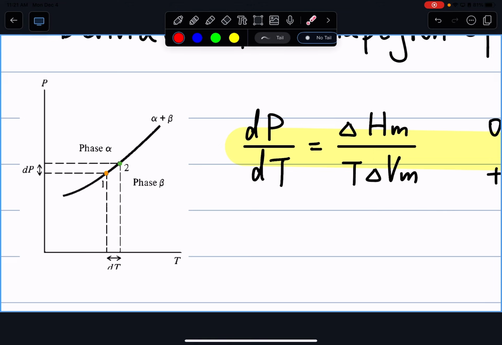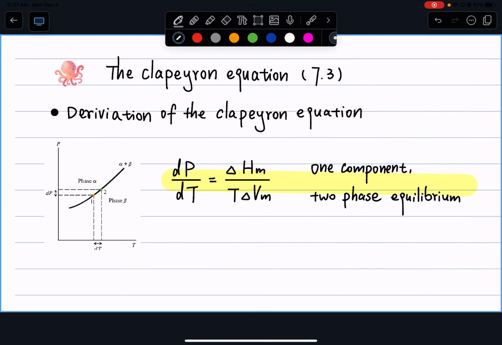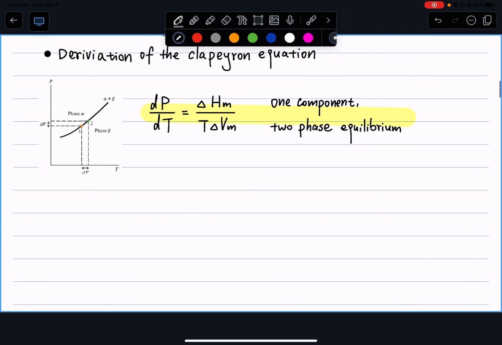Or on the phase diagram, right? On the y-axis, you have your pressure. On the x-axis, you have your temperature. So this is just a zoomed out version of your phase diagram. We're saying this line represents the equilibrium line between 2 different phases. Now, these 2 different phases can be liquid and solid, liquid and gas, or even solid and solid. So just 2 random phases, phase alpha and phase beta. So in this case, what do we have?